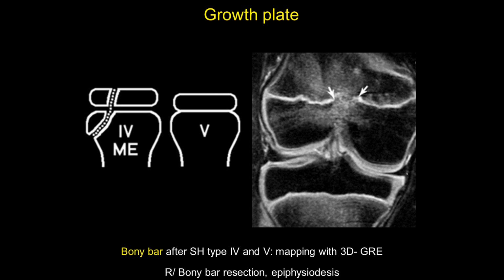So the surgeon might want to do something about this, like a bony bar resection on the affected side, or maybe an epiphysiodesis on the non-affected side. Now, in order to do the bony bar resection, your surgeon will want to know exactly how big and where this bony bar is. So he may request you to map this, and then a 3D gradient echo image like you see here depicts this bony bar the best.